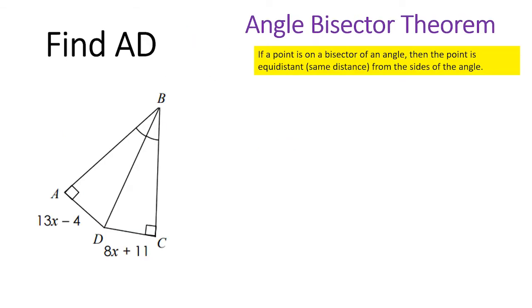All right, so in this problem, we want to find AD, the length of this side right here. We can use our knowledge of the angle bisector theorem. We know that BD is an angle bisector because these two angles, angle CBD and ABD, are congruent. Then the point is equidistant from the sides of the angle.